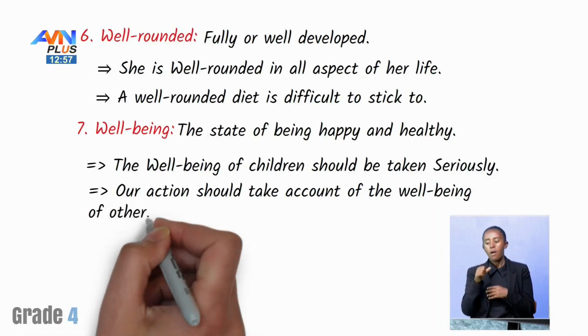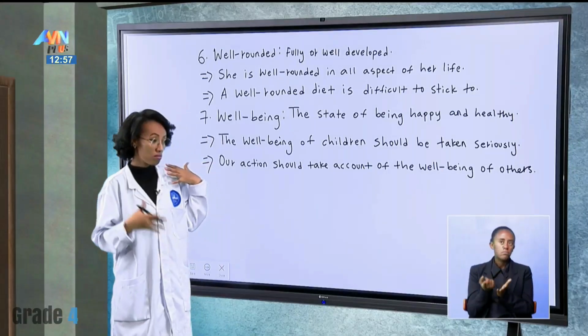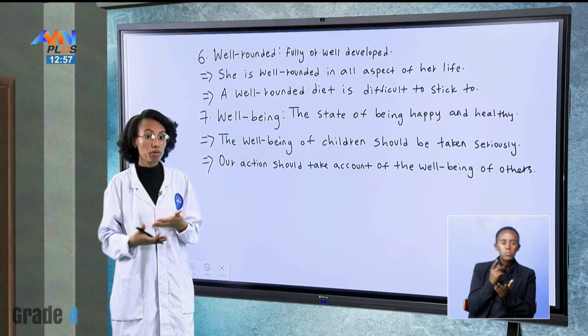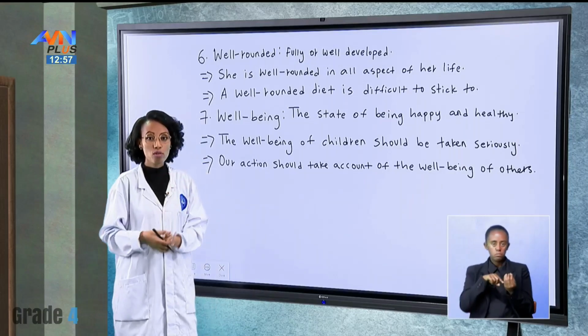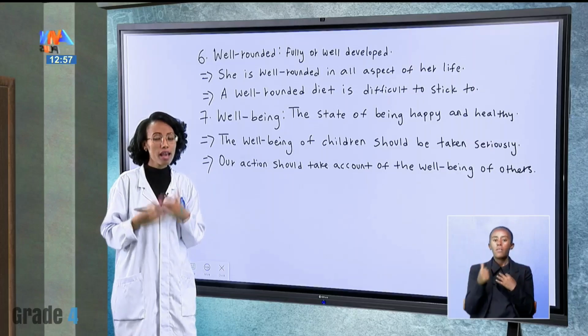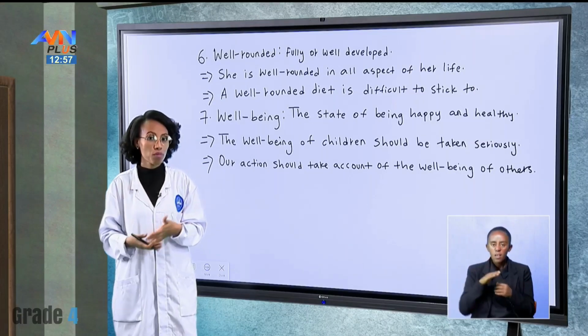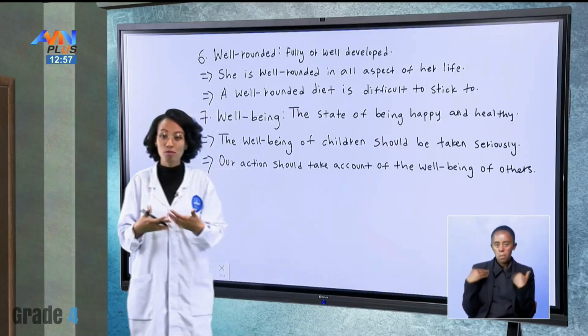This is one example. When we are talking to people around us, when we are communicating with people, we have to what? Take account the well-being of others. We cannot say something bad to people because it might affect their well-being, their state of happiness.